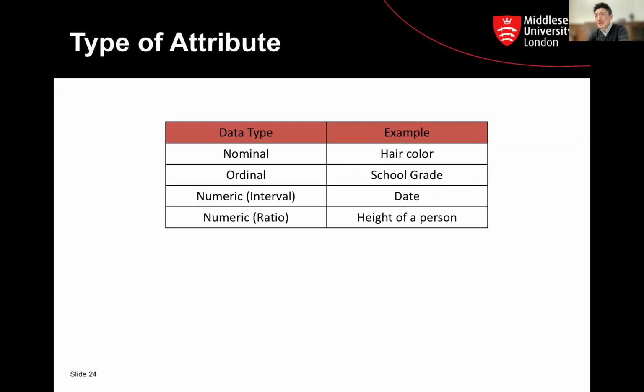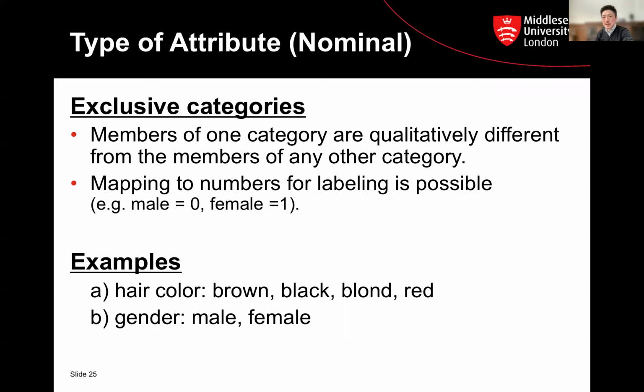Okay, the categorical or nominal data, these are categories. This is also usually what we call qualitative data. And in the last lecture, we talked about how you can potentially map each category to numbers. That's possible, but you have to be very careful.